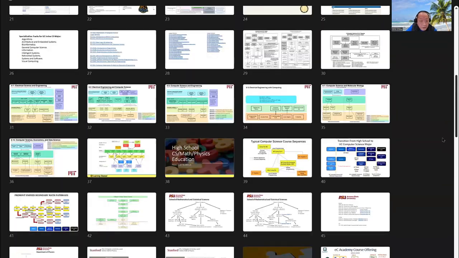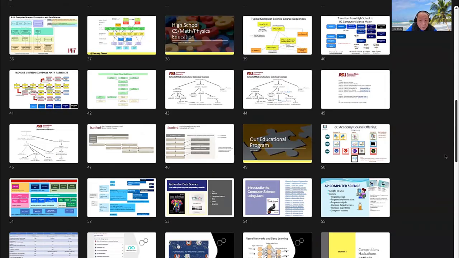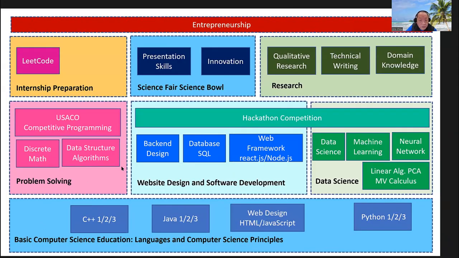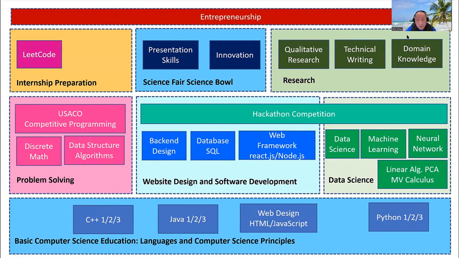What I want to emphasize is what you need to do in high school. Some of you may have already taken the Python course, Python 1, and maybe I also taught you HTML and JavaScript in APCSP.